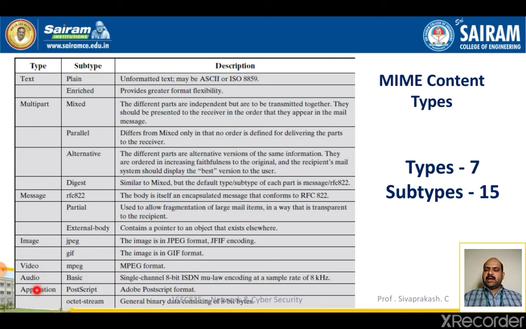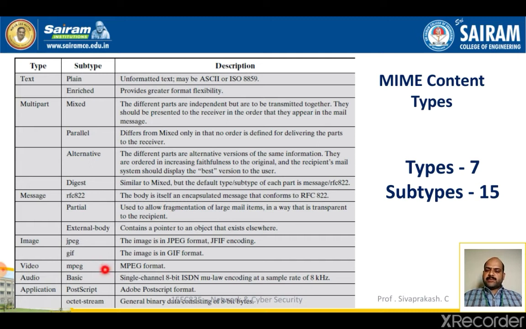Is called application. The application refers to other kinds of data, typically either uninterpreted binary data or information to be processed by a mail-based application. In this particular application, the two data types are going to be present as PostScript and octet stream.